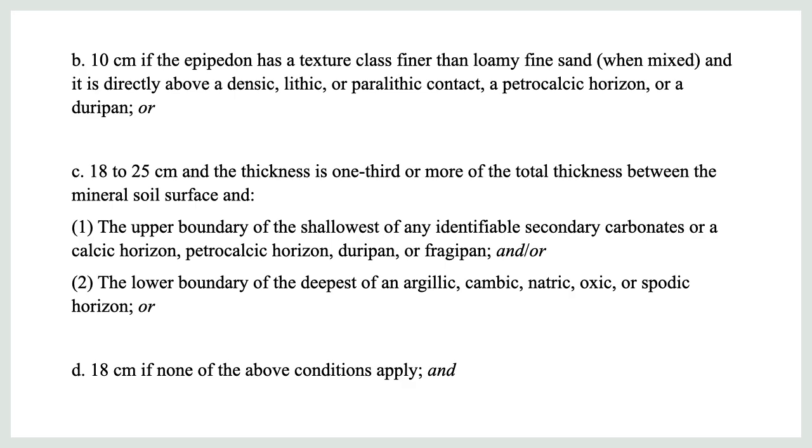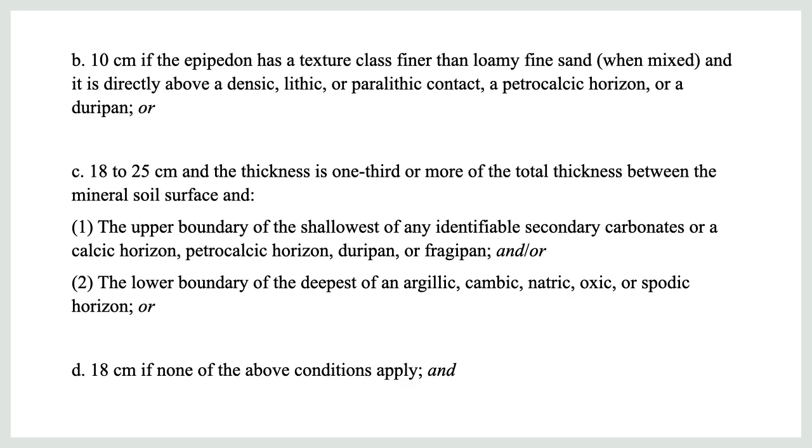thickness is 1/30 or more of the total thickness between the mineral soil surface and the upper boundary of the shallowest of any identifiable secondary carbonates or a calcic horizon, petrocalcic horizon, duripan, or fragipan.